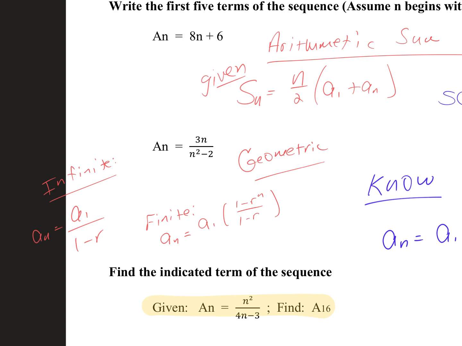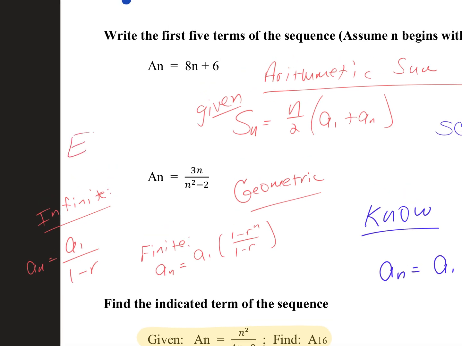Now, if the wording of the direction says exact, what does that mean? If they want an exact value, no decimals, okay? If it comes out to be 0.25, something like that, a terminating decimal, fine.